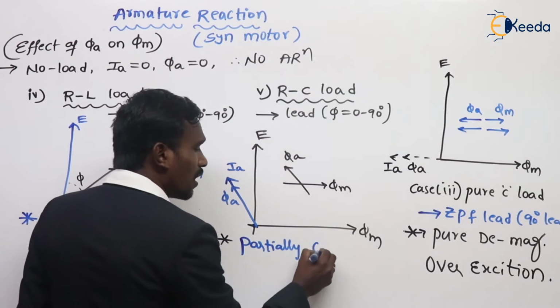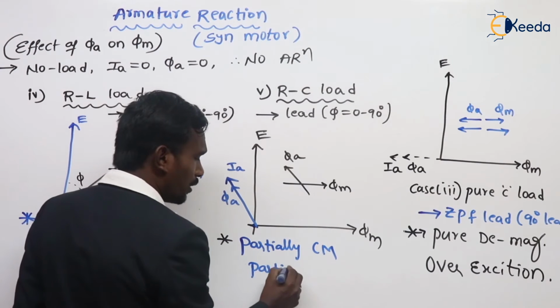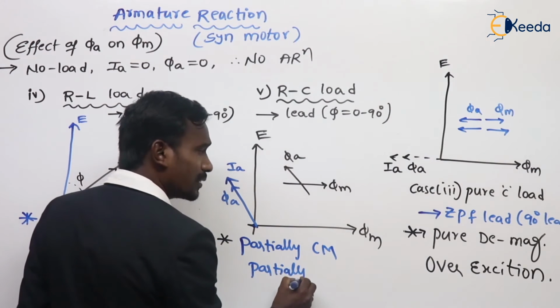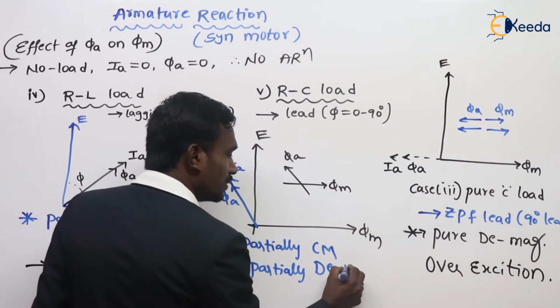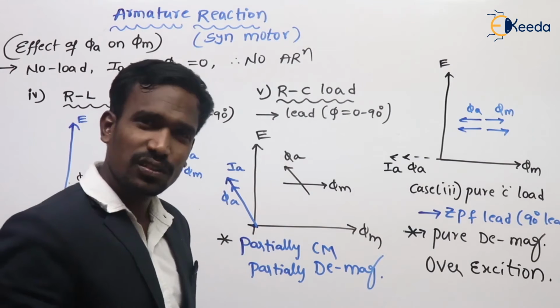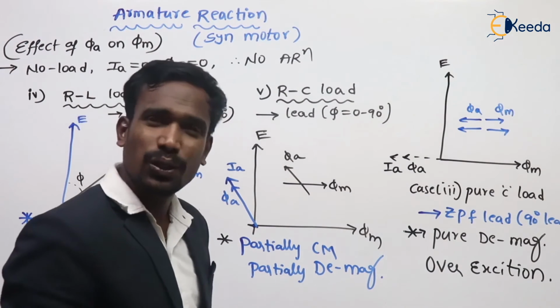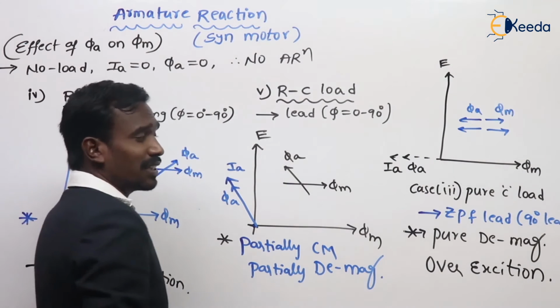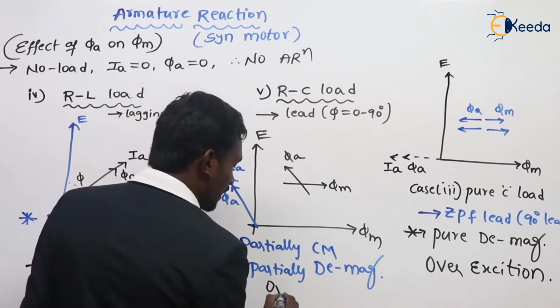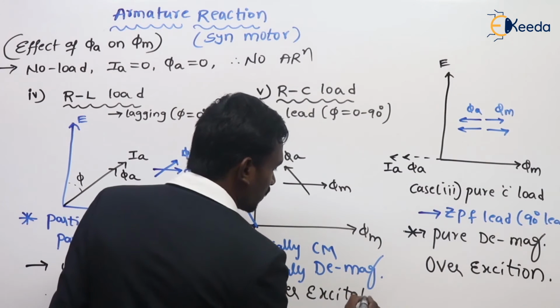So tell me, what is the armature reaction? Partially cross magnetization and partially, very good, demagnetization effect of armature reaction. This is simply the RC load. If demagnetization takes place, the excitation is over excitation.